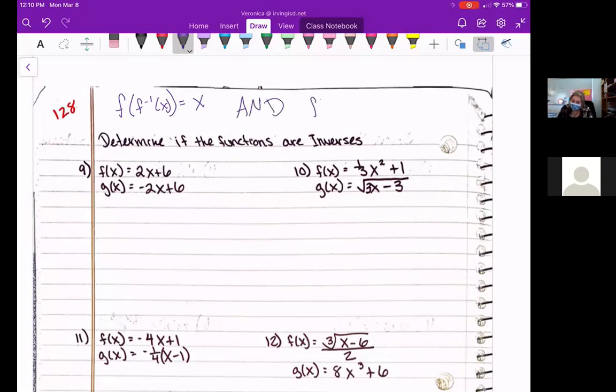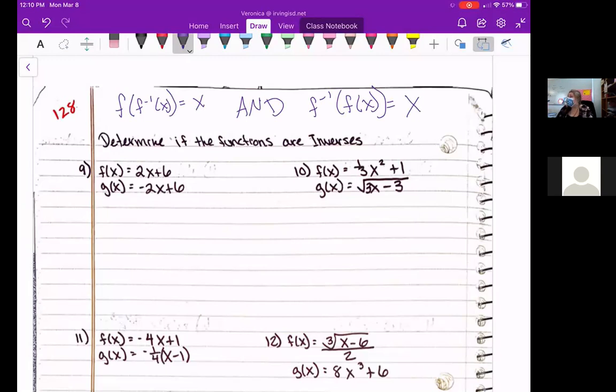And grab the inverse function and then put in the original, and it has to give you x. Okay, and it's an if and only if statement, and that basically means that both of them have to be true.